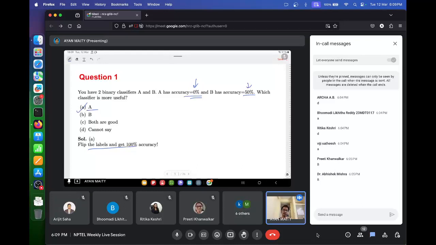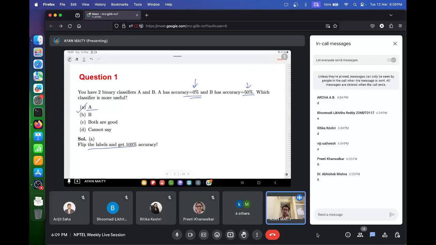I have to think about it. I haven't thought about it properly. But for 0%, it is certain that if we just flip the output, we get 100% accuracy. But if it is 10, 20, 30%, then it might depend on the problem and whether it is useful or not, because accuracy is a measure where we want the classifier to have higher accuracy.